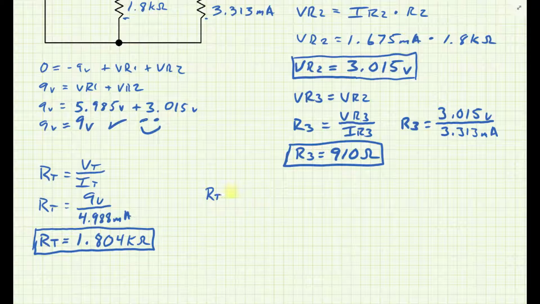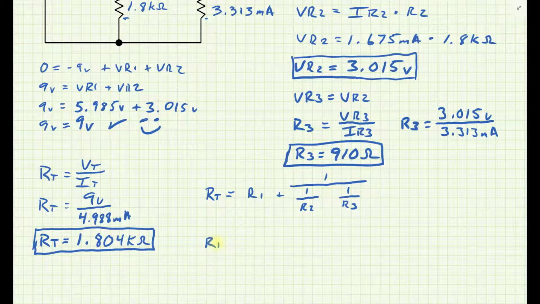And just because we're double checking, I could use series parallel rules and say that RT is going to be equal to R1 plus, I'll write it mathematically, 1 over 1 over, I know everyone loves this equation, it just looks wonderful. But that's basically just going to tell me that it's the parallel equivalent resistance of R2 in parallel with R3 plus R1.